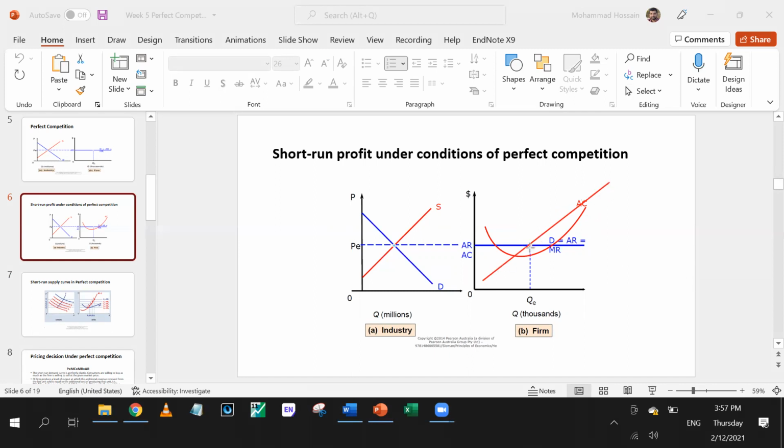It should not be actually like this. It will show this way, like this. Maybe a little bit curvy, not much.